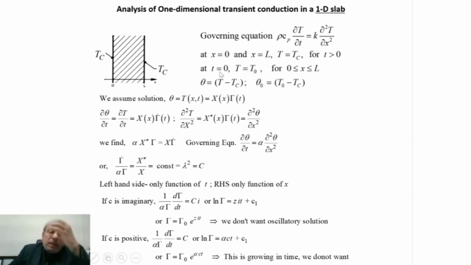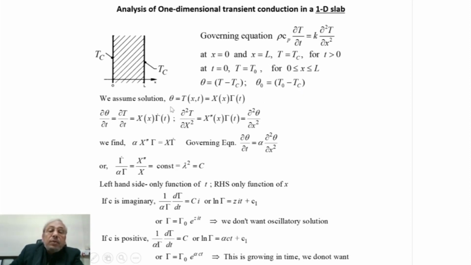And at t equal to 0, temperature is T naught, and we have seen it is between x greater than or equal to 0 and less than or equal to L. That means within this domain 0 to L. And theta is T minus Tc, and theta naught is T naught minus Tc.